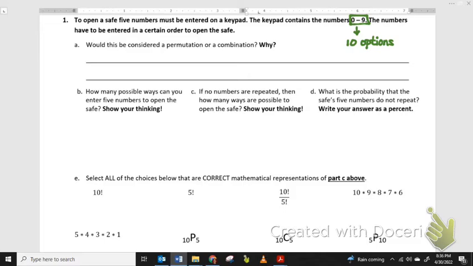Would this be considered a permutation, where the order that you enter in the numbers into the keypad matters, or a combination, where the order that you enter in the numbers does not matter? This is a permutation.